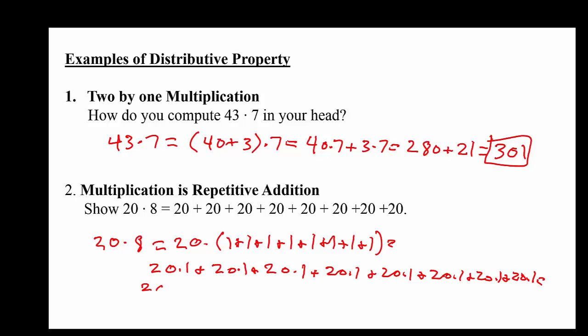So what do we end up with? We have 20 plus 20 plus 20, 8 times, which is what we have here, and that we can add up quickly as 160. So indeed, coming out of the distributive property, this shows that multiplication is repetitive addition.